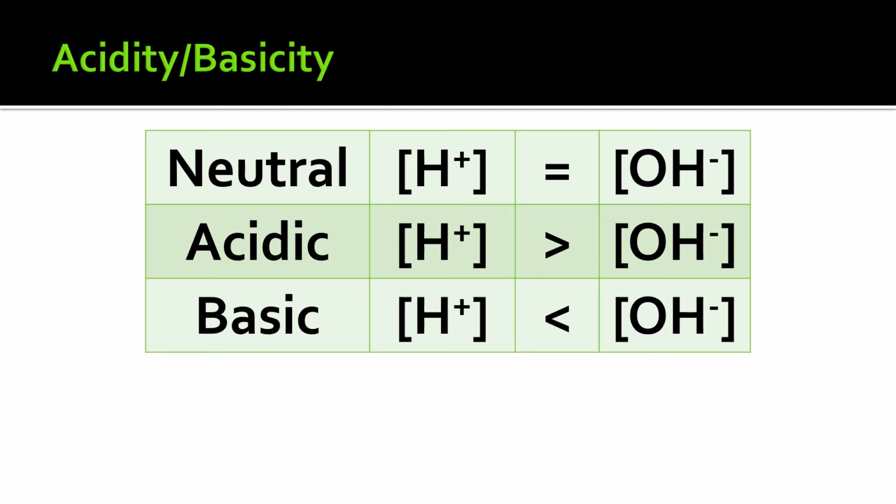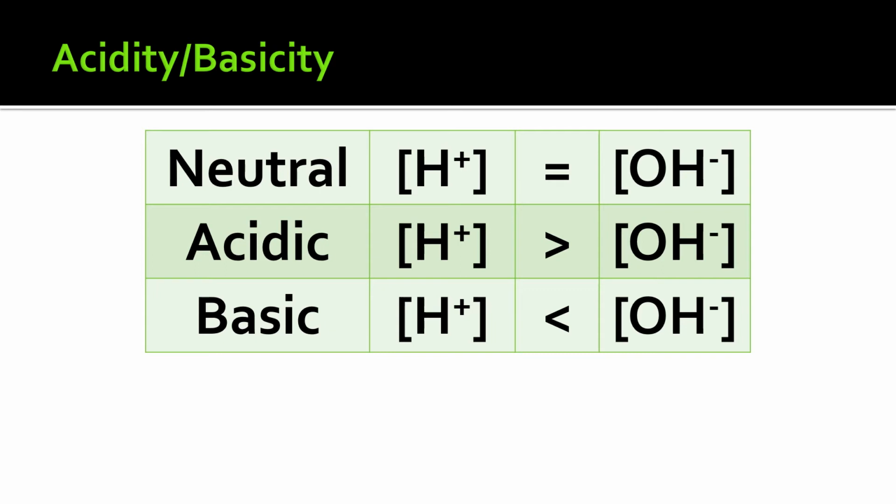For a solution to be considered acidic, the concentration of hydrogen ions must be greater than the concentration of hydroxide ions. A lot of hydrogen, a lot of H is acidic. For a solution to be considered basic, the concentration of hydroxide ions would be much greater than hydrogen ions. That again, to be basic, the solution needs to have a lot of OH- ions.